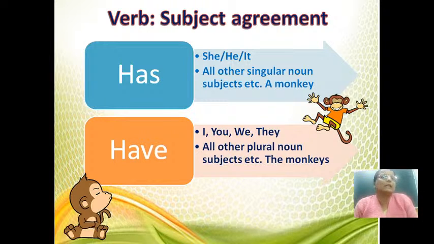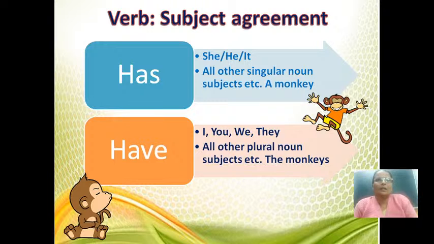Shobha has a cycle. Shobha and Arun are singular nouns. Another example is a cow has a long tail. A lion has a mane. You can write mane. And an elephant has large ears, like that.